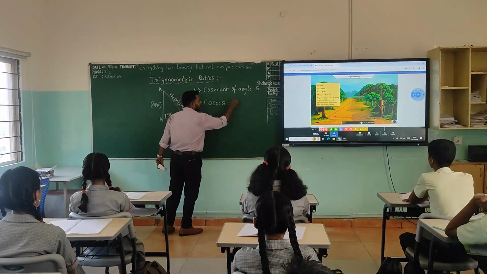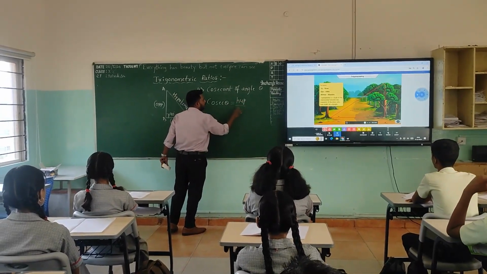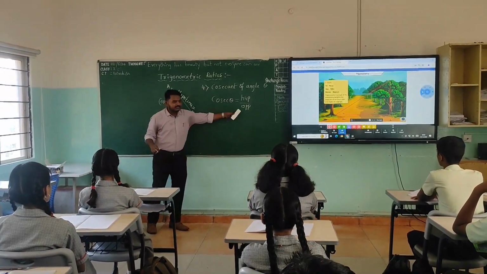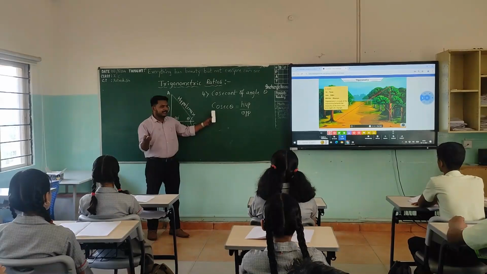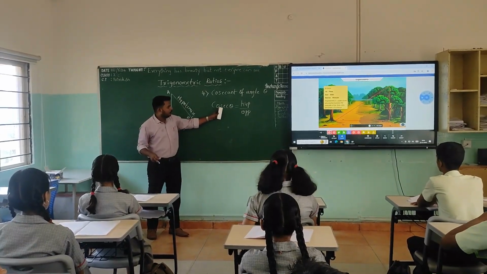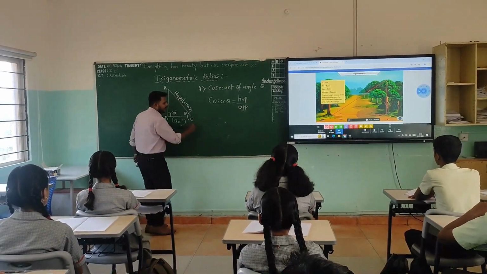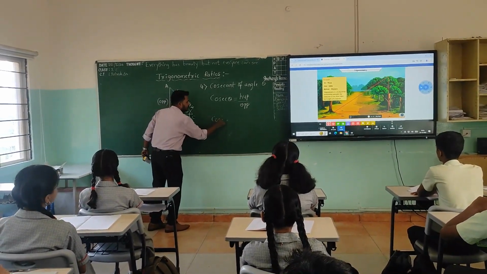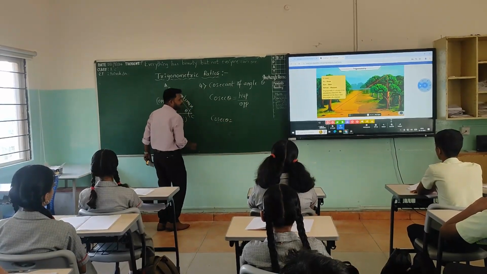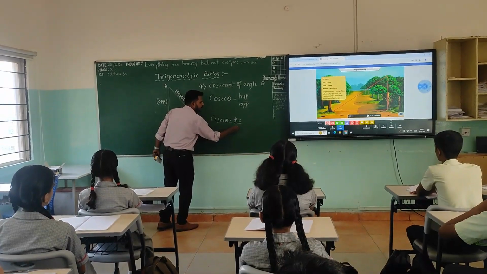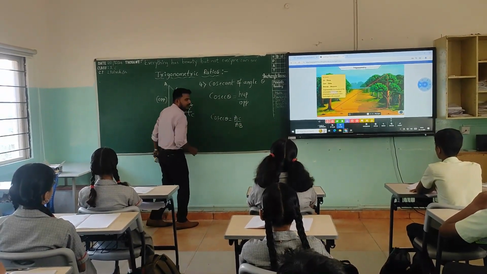So hypotenuse divided by opposite. Clear? If sin theta is opposite by hypotenuse, then its reciprocal, cosecant theta, is hypotenuse by opposite. So from right angle triangle ABC, cosecant theta is equal to hypotenuse AC divided by opposite AB, so AC by AB.